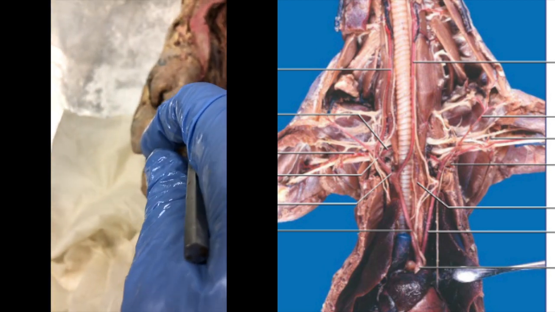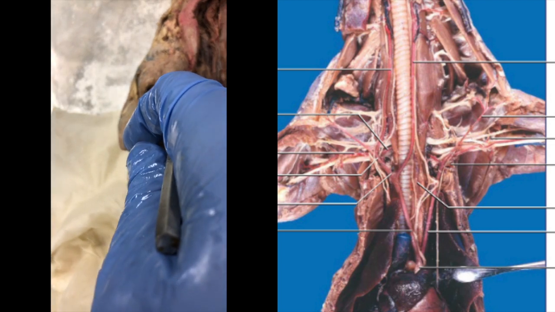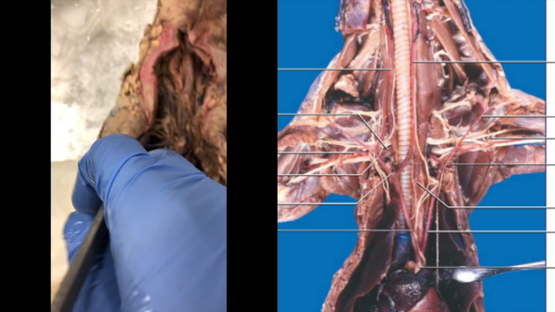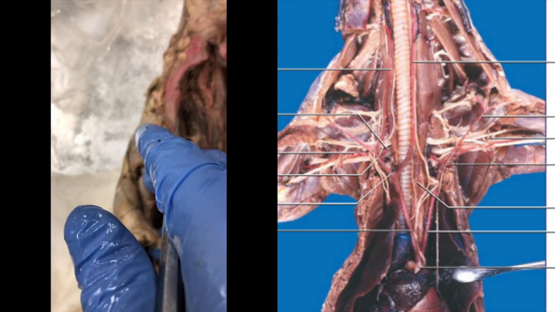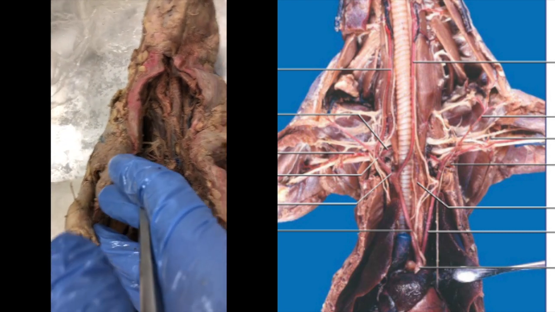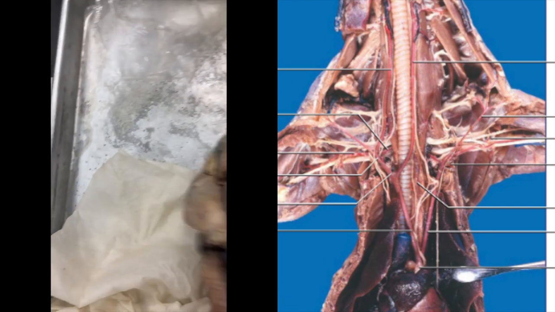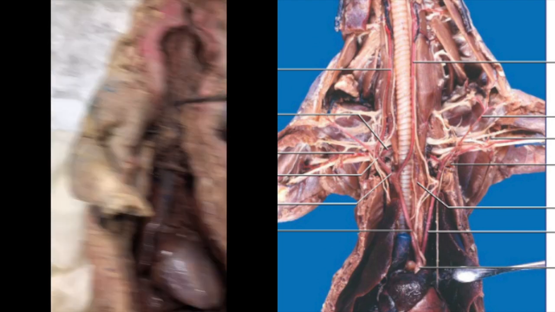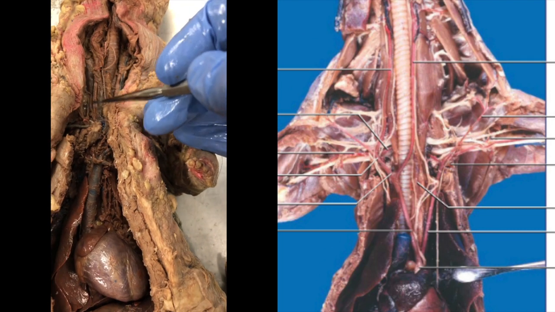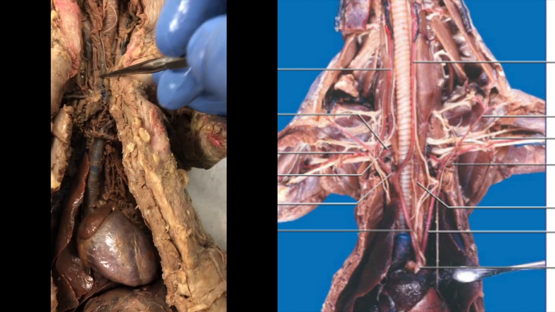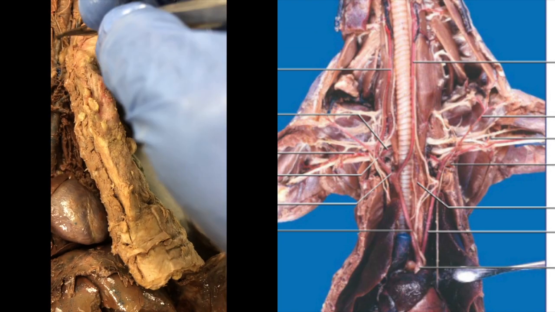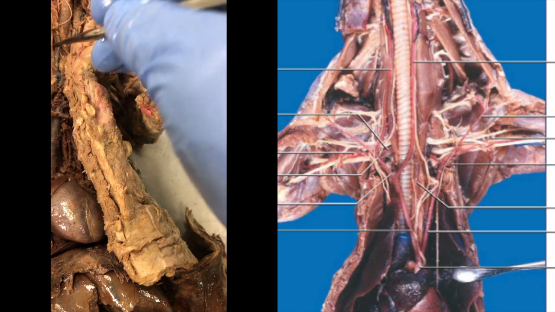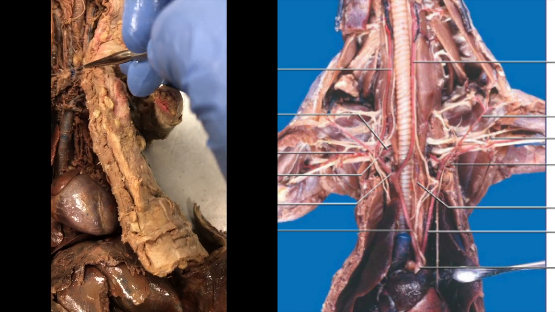That right there is the right subclavian vein, and then once it hits the chest wall, it'll bifurcate again. Actually, in this case, it looks like the bifurcation splits off anatomically a little bit sooner, rather than over there at the wall. It looks like it is right after.